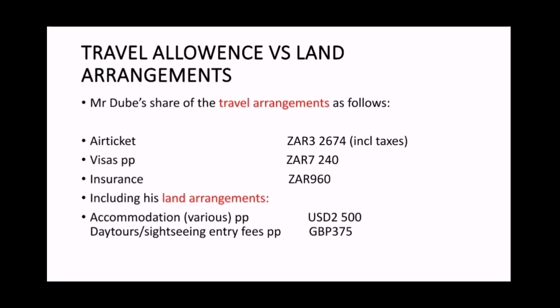As a pro tip, note that your land arrangements in travel services will always be written in a foreign currency. So the first step that you will need to do is convert your land arrangements to South African rand so that you can start working out how much your travel arrangements are going to be.